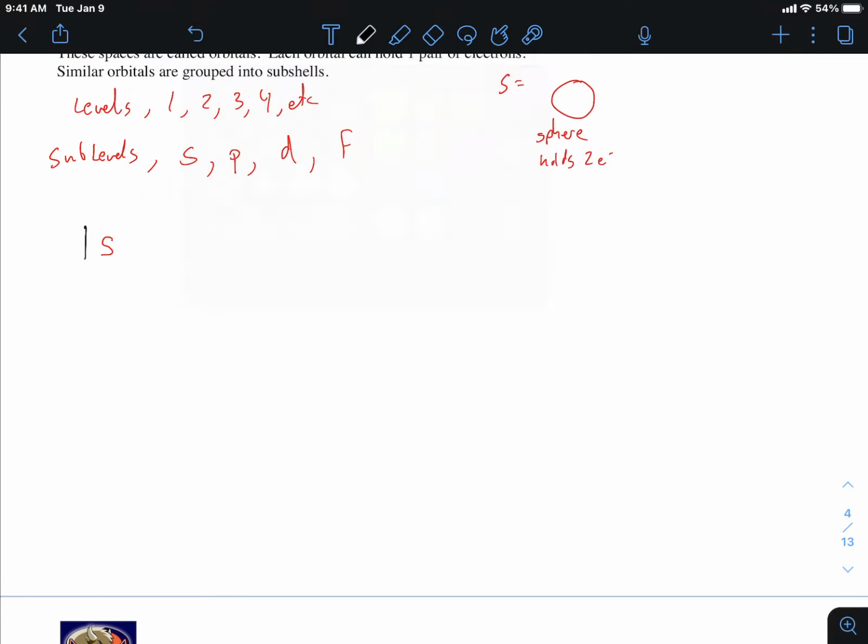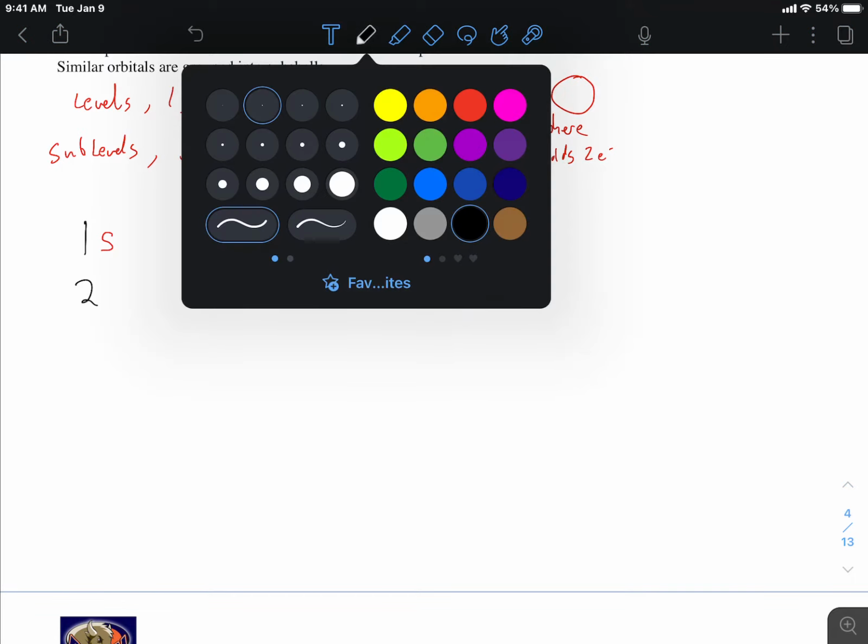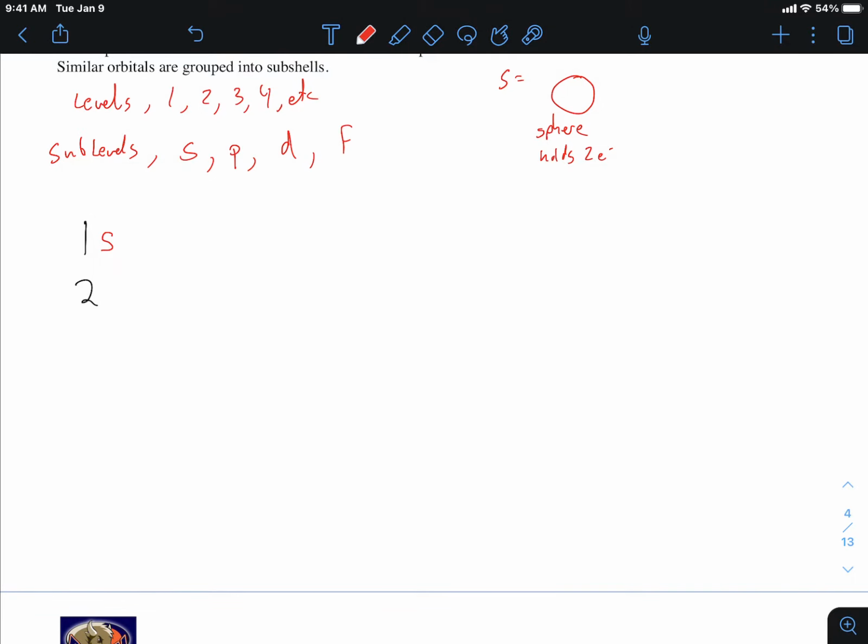All right. And that's the only sublevel there is in energy level 1. In energy level 2, you have 2 sublevels. You have the S, and you also have what's called a P. Okay, so you already know what S looks like.